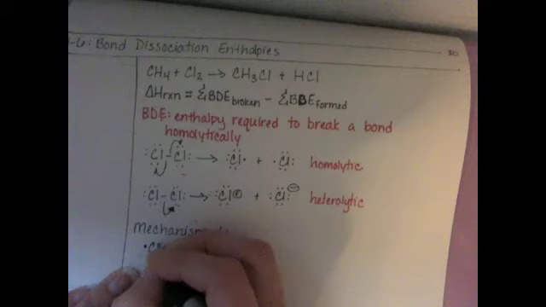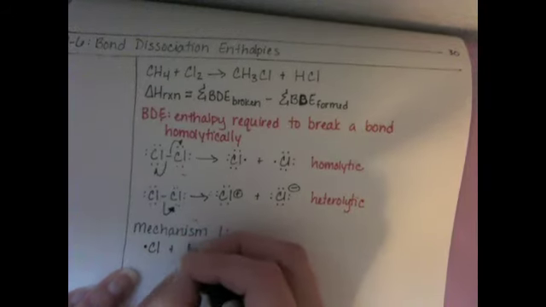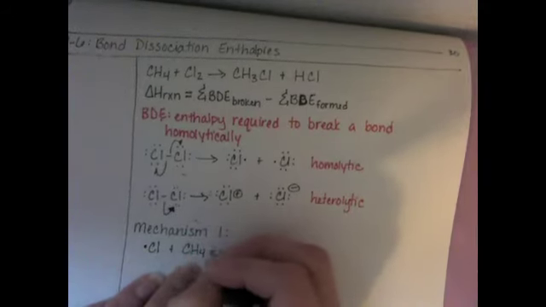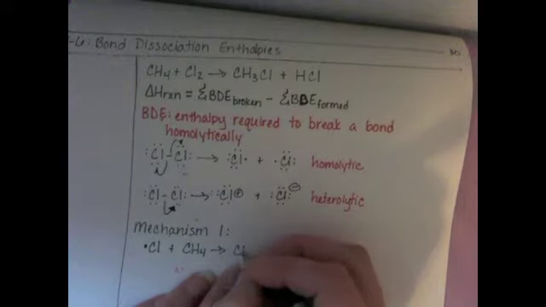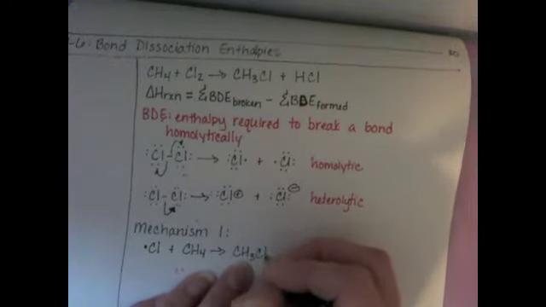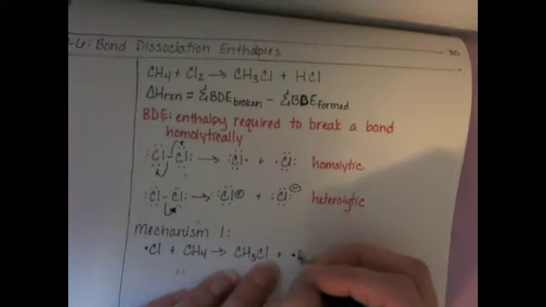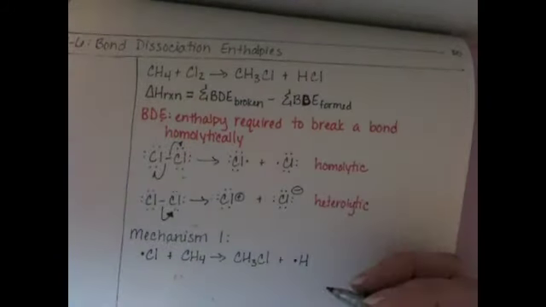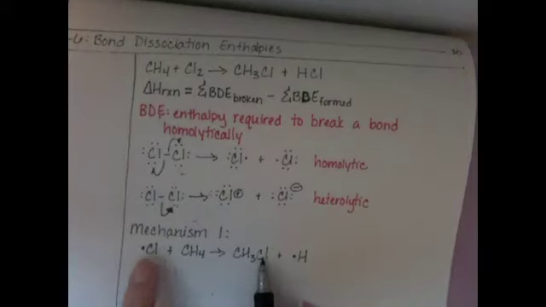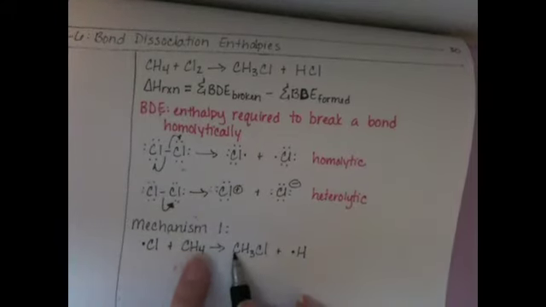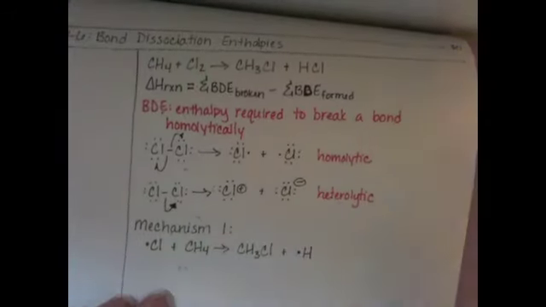So one possibility is we could take the chlorine radical and react it with a molecule of methane and end up with chloromethane and a hydrogen radical. This equation's got to be balanced in terms of the atoms, so we've got to have the 2 chlorines, the 1 carbon, and 4 hydrogens coming out the other end.